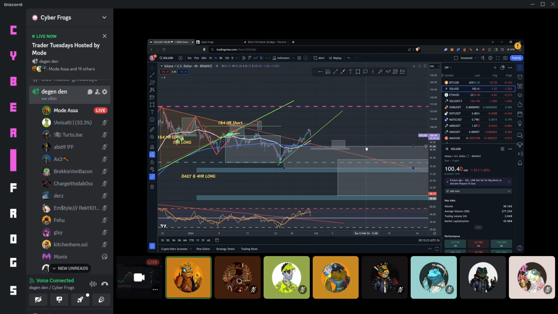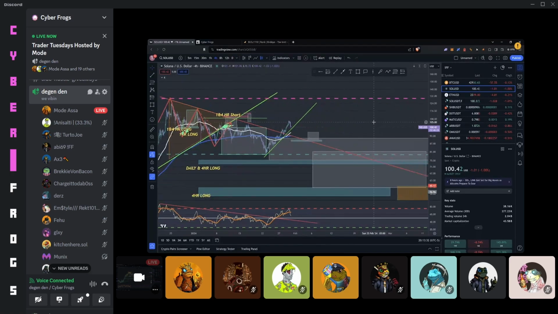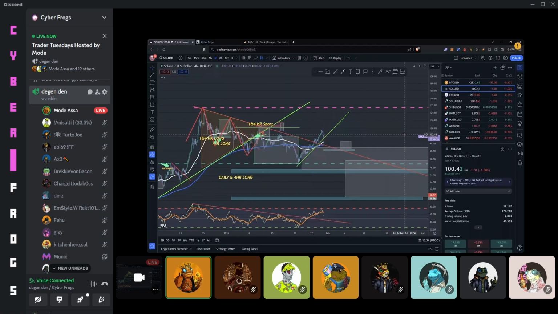Lower high comparative, indicating lower low. Follow the pattern. The trend is your friend. Throw your stuff in AutoThor.